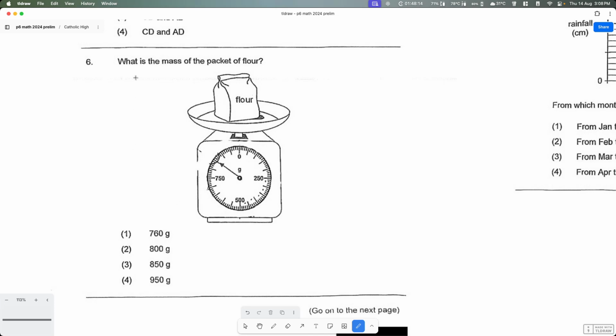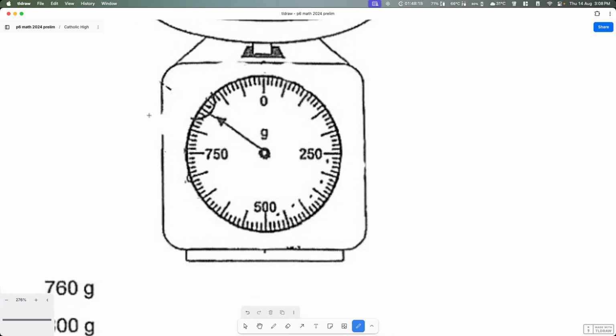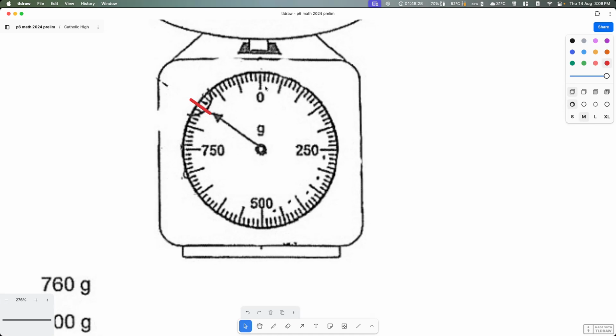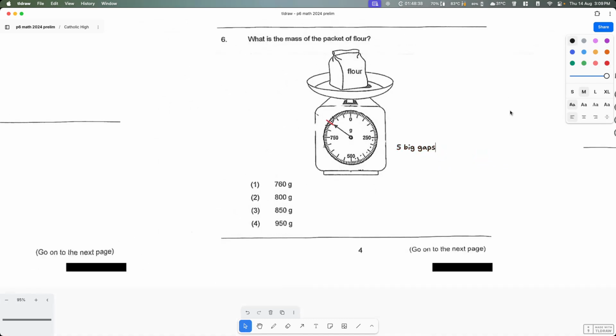What is the mass of the packet of flour over here? If you zoom it in, I'm going to use a red line over here to indicate where it's pointing to, which is this one. So we have how many gaps? 1, 2, 3, 4, 5. So we have 5 big gaps before 250.